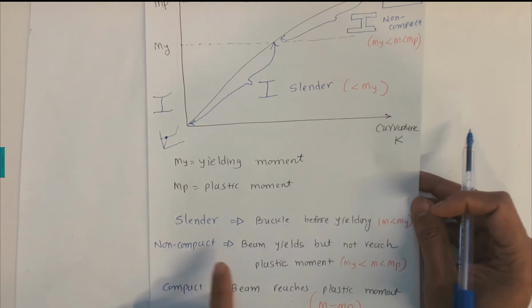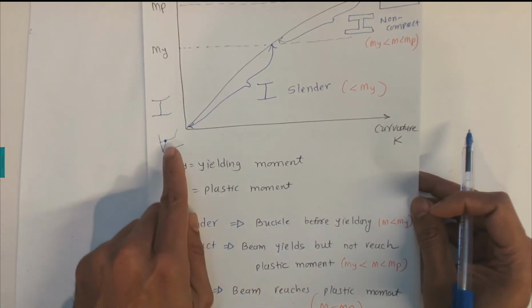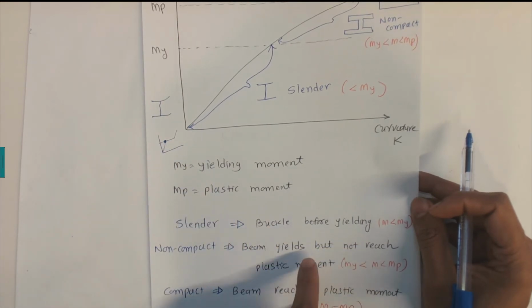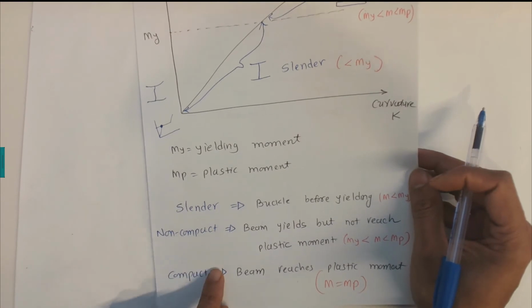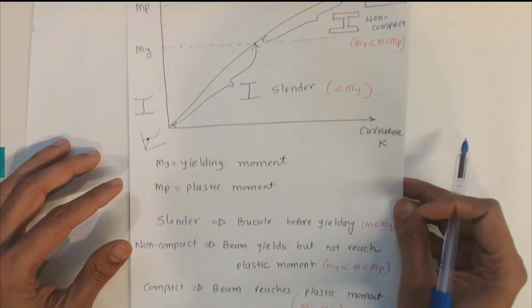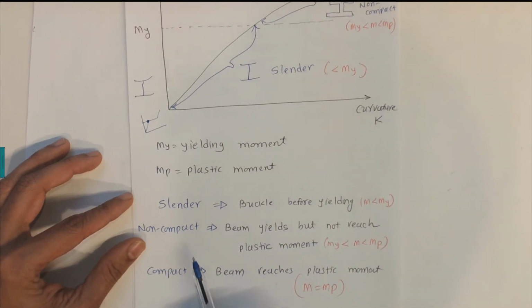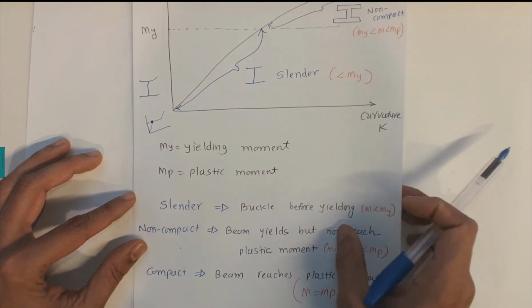For non-compact, the beam reaches the yield point but does not reach the plastic moment. And the last one is compact, where the beam reaches the full plastic moment, so it is the strongest. So the strongest one is compact, then non-compact, and the lowest one is the slender cross section.